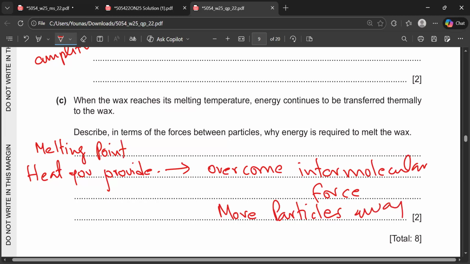This heat is called the latent heat. So this is happening during the melting process. That heat is used to overcome the forces of attraction between the particles, and to move the particles away from each other.